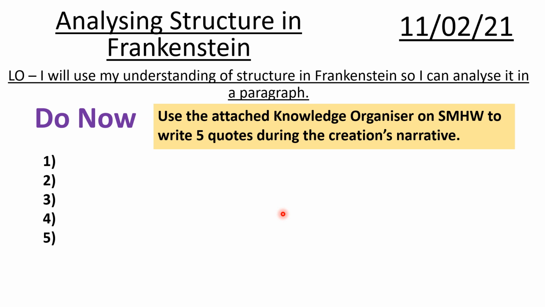Okay, so with Macbeth, we did the process where I briefly planned and wrote a paragraph analysing iambic pentameter, and then you did one on your own. And we're going to do the same today. So I'm going to write a paragraph with a focus on analysing structure, and then you're going to go and write your own paragraph.